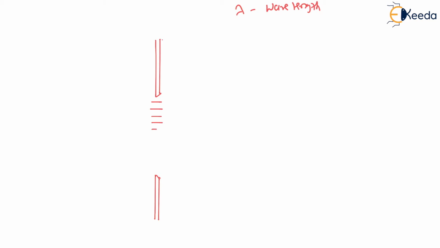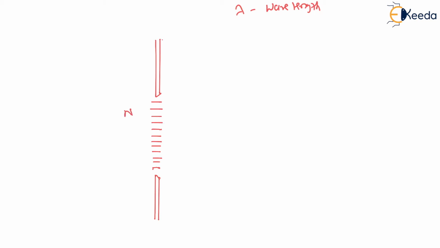In this way we can divide the whole slit into small parts like this. So now we have divided the slit into n small parallel slits.